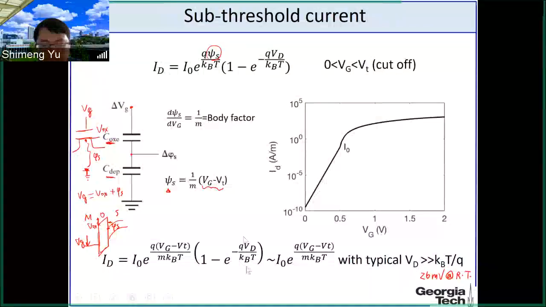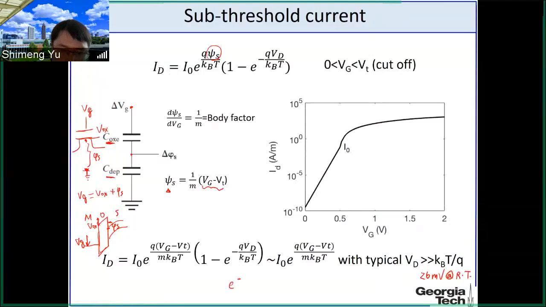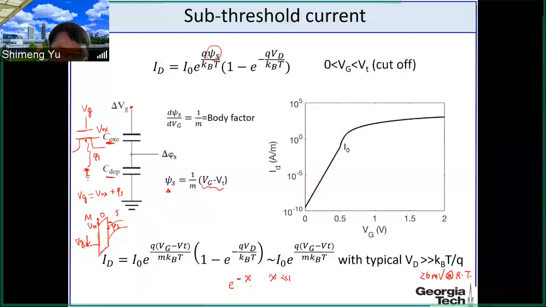So that means this term, let's say this x, this x is much smaller than 1. If this is much smaller than 1, you know this is an exponential function to the negative side, then it's approaching 0. Or in other words, you can ignore this term. So what is left is only this one.